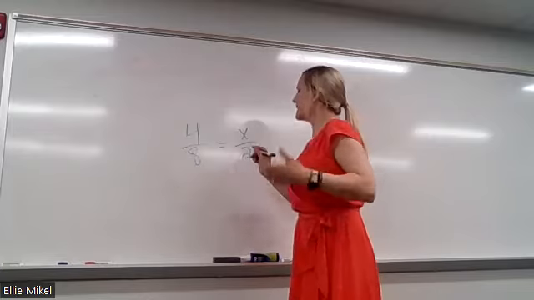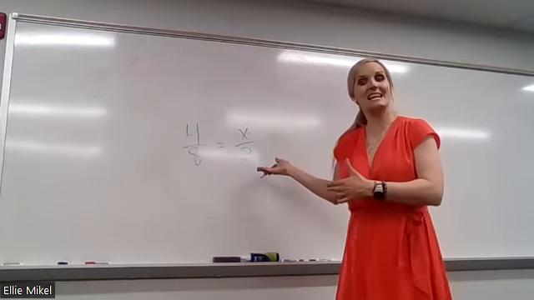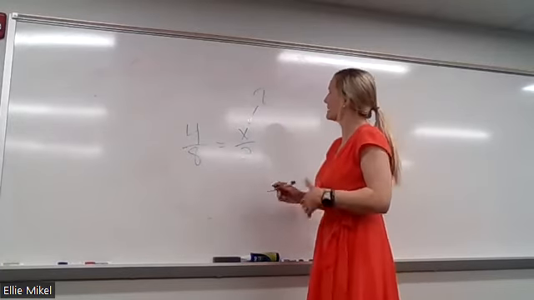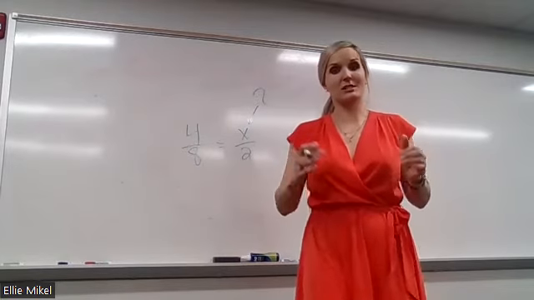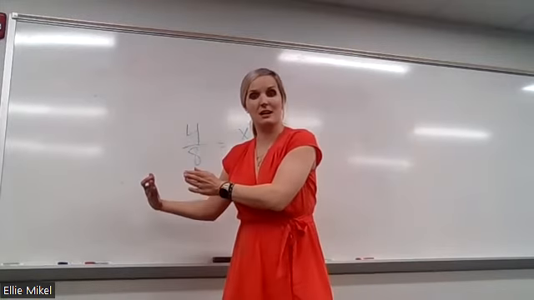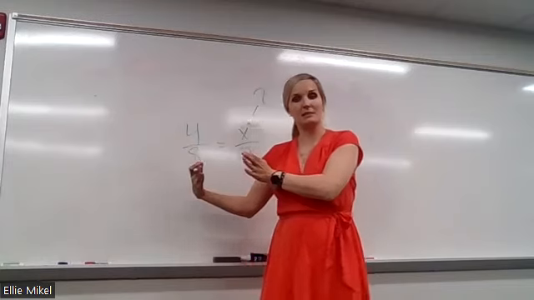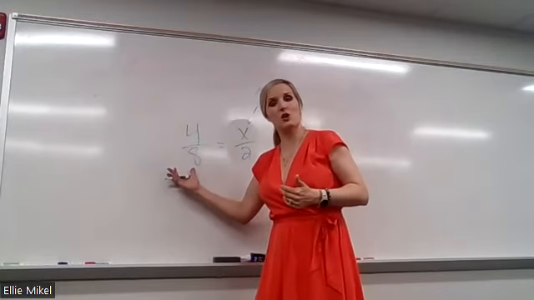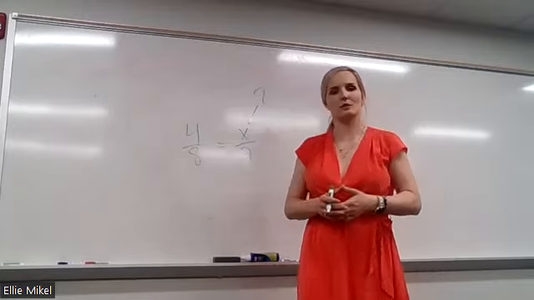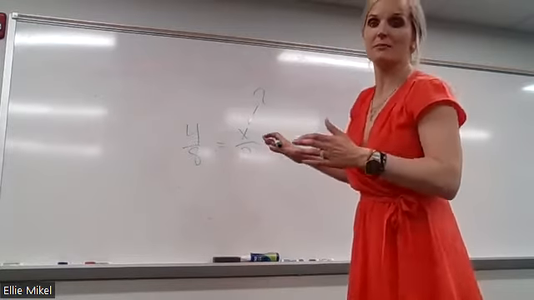This side is my unknown, because it has the x in it. I'm trying to solve for that. So by putting them equal to one another, we're saying, well, I know the relationship on this side, but I'm saying it's equal to this, I can solve that. By putting the known equal to the unknown, I can cross multiply and solve that. So there's my unknown here.